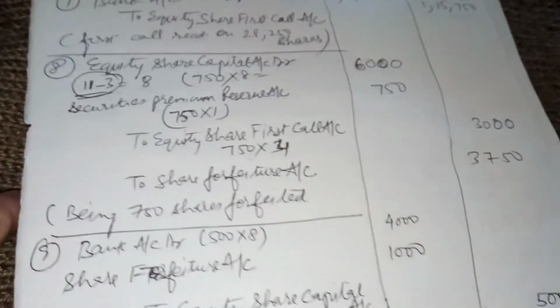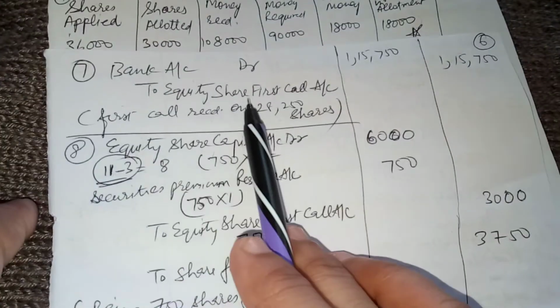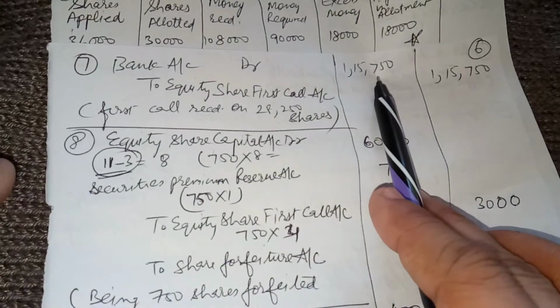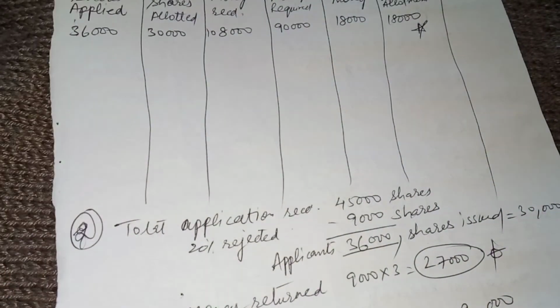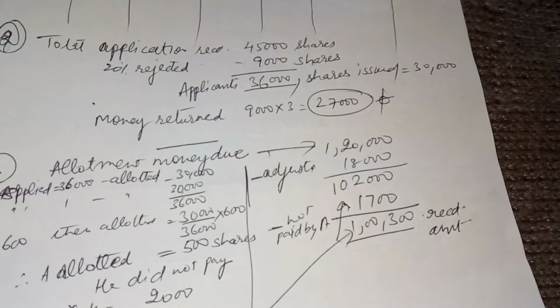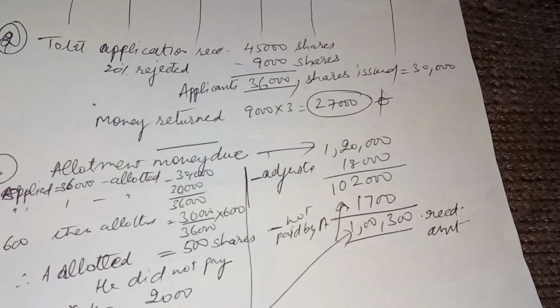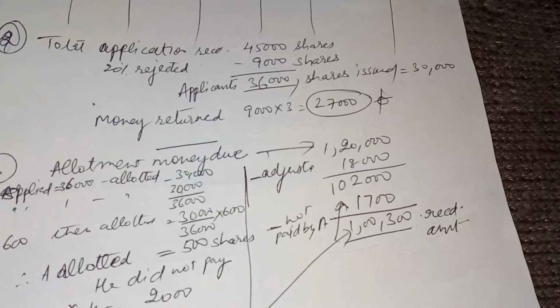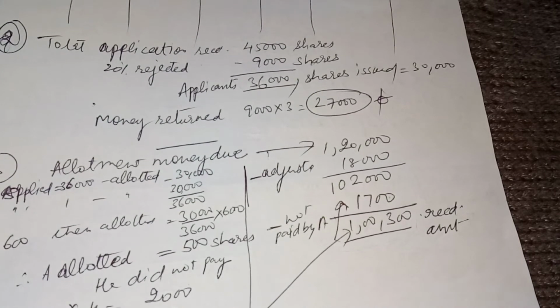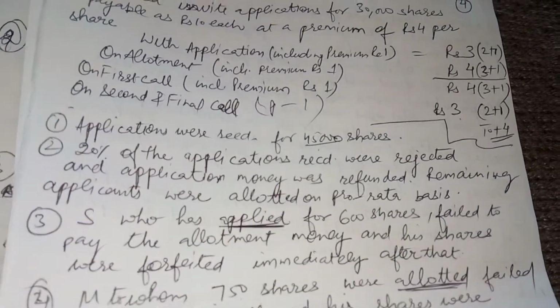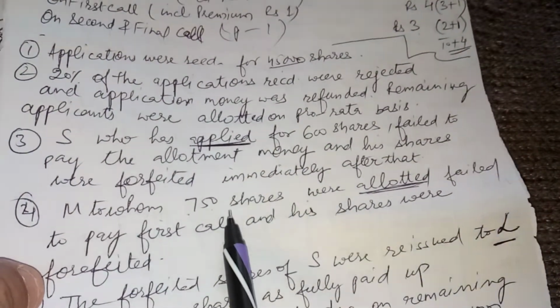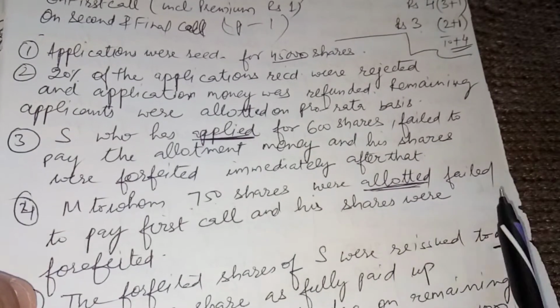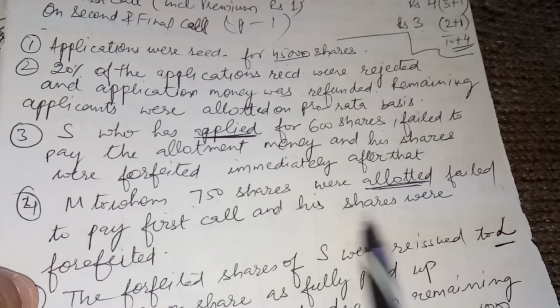Now we will do bank account debit to equity share first call. How they received the money, we will calculate. Amount due on first call was 1,18,000, but M did not pay for 750 shares, as the point was there. M, to whom 750 shares were allotted, failed to pay first call and his shares were forfeited.